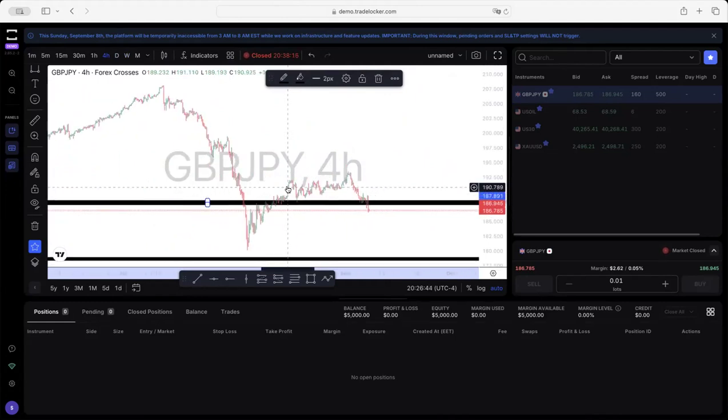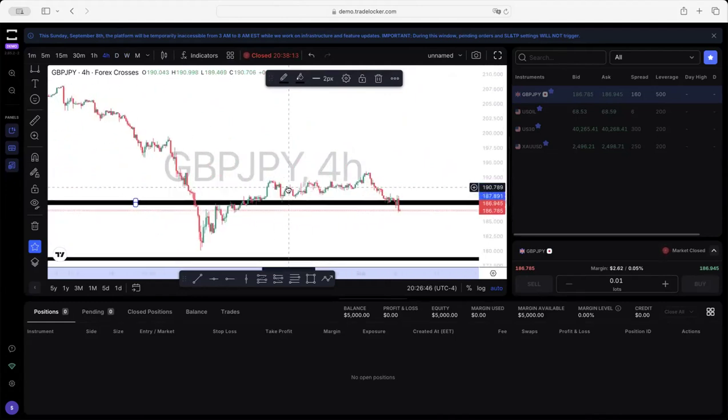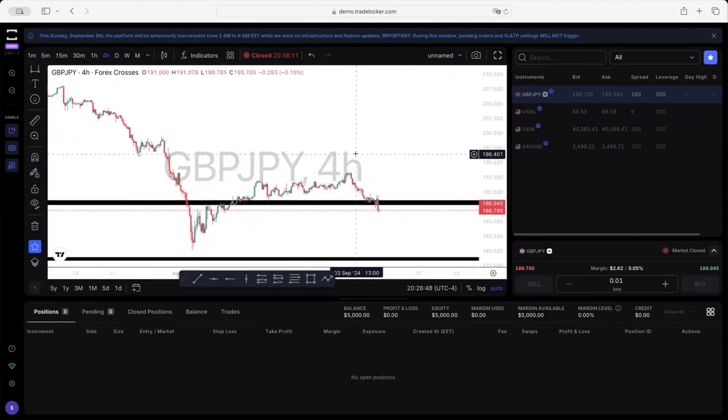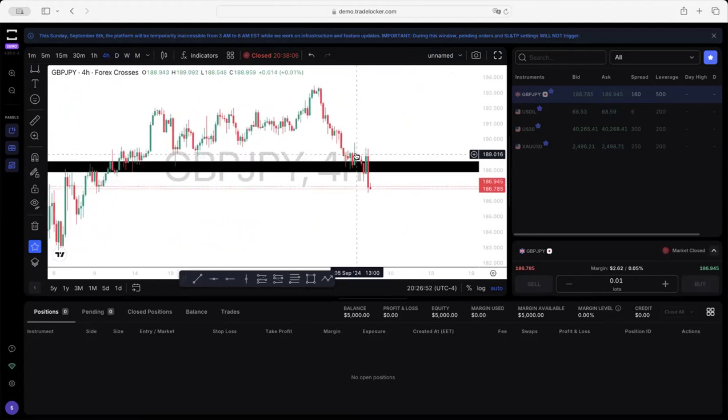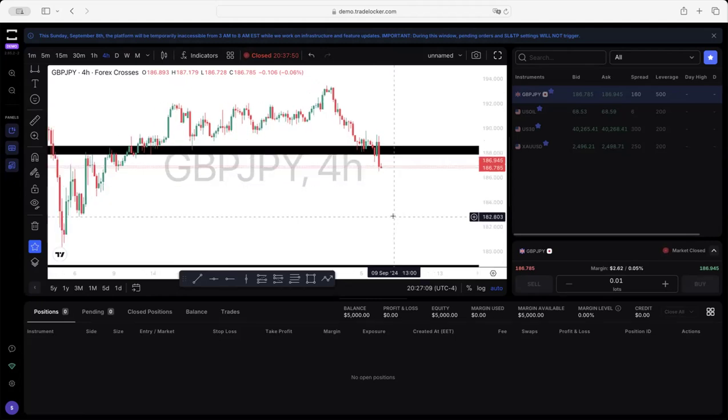So we'll monitor which one is correct, Trade Locker or TradingView. But as of right now, we're looking at price pulling back to the zone to possibly start selling to the downside.